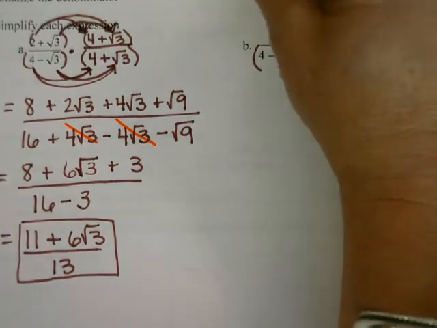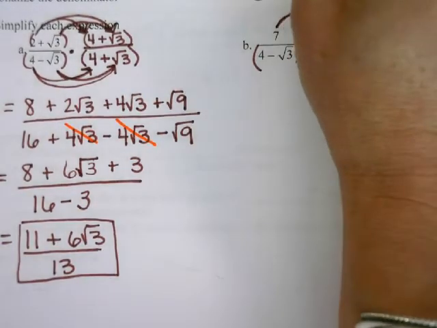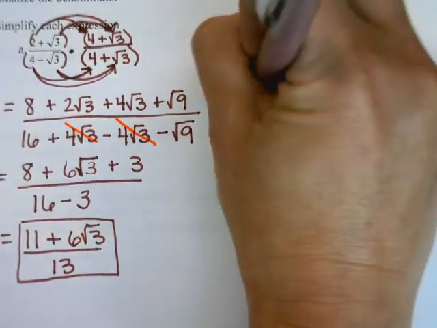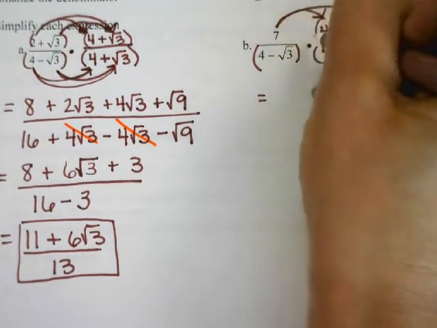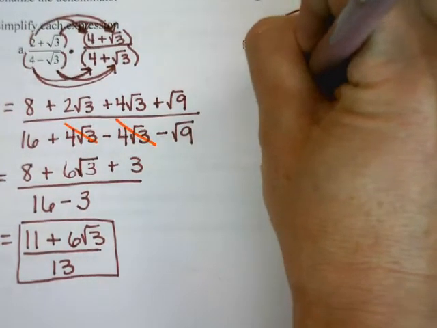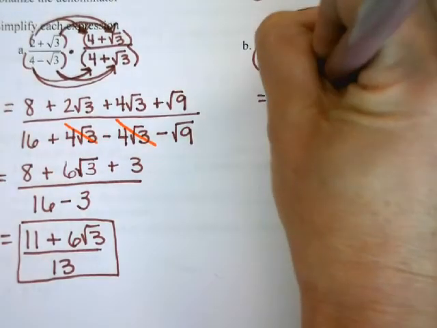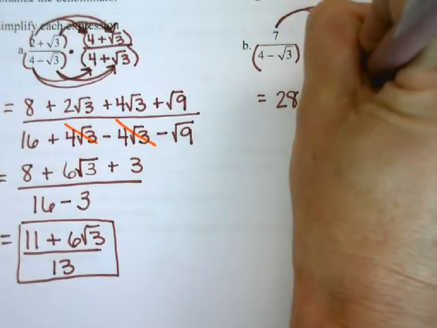This one's kind of nice because we can just distribute the 7. There's only one term in the numerator. 7 times 4 is 28. 7 times root 3 is 7 root 3.